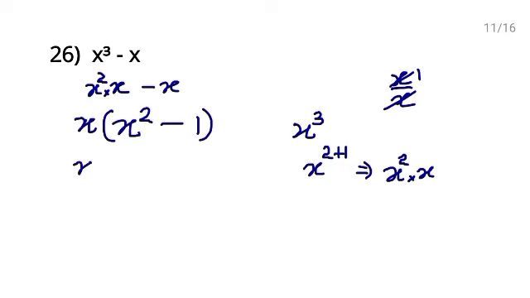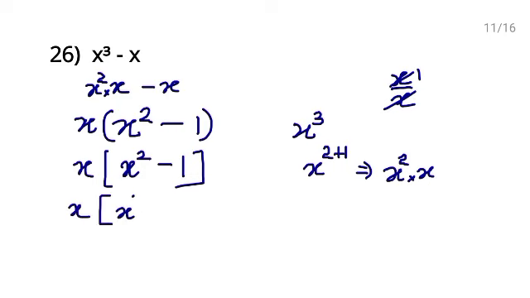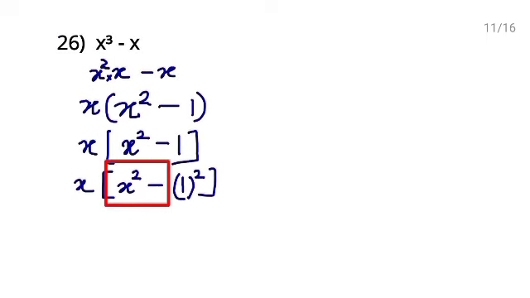Now outside the bracket we have x, now we have x square minus 1 in the bracket, and this can be written in the form of a square minus b square. So write it, a square is x square, minus 1 can be written as 1 square. Now this is in the form of a square minus b square, right?